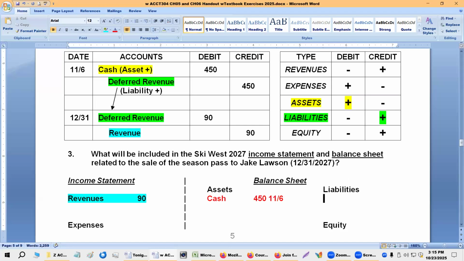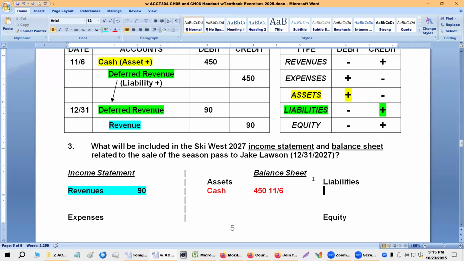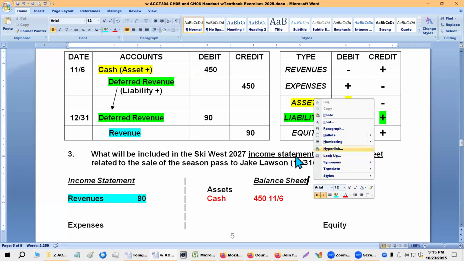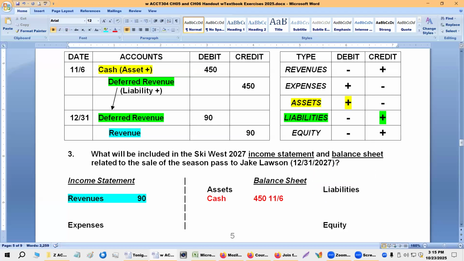Now at year end, though, the liabilities, how much do we still have in deferred revenue? So we still owe Jake some services here. You would have 360 left.